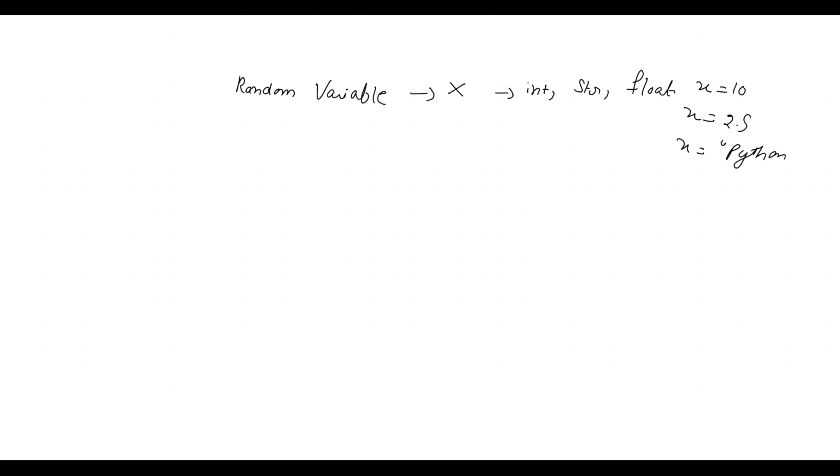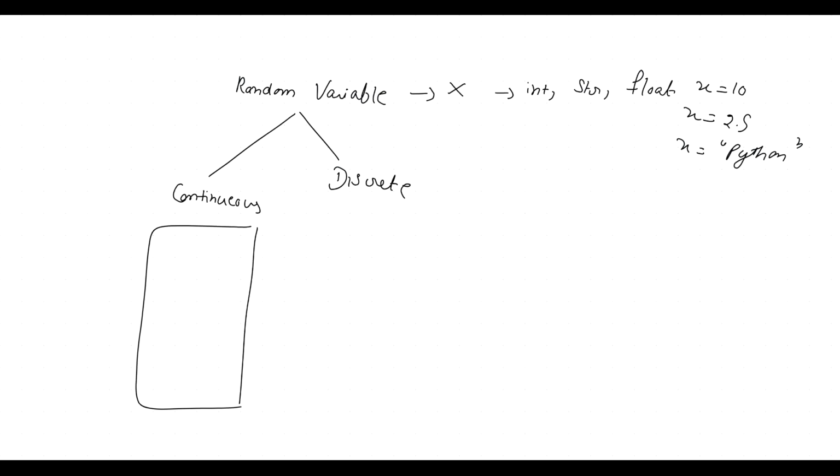Right? So it is of two types: continuous and discrete. For continuous, we will take a very good example again, house sale price.